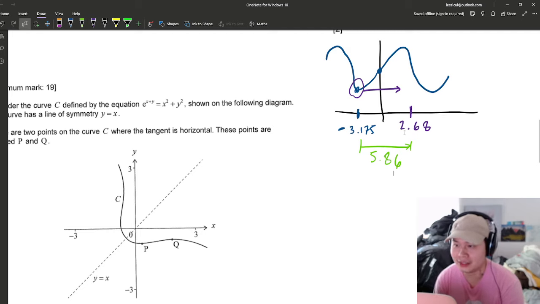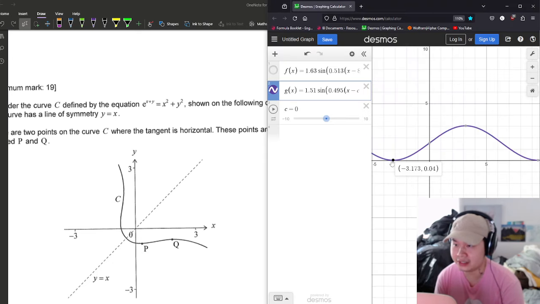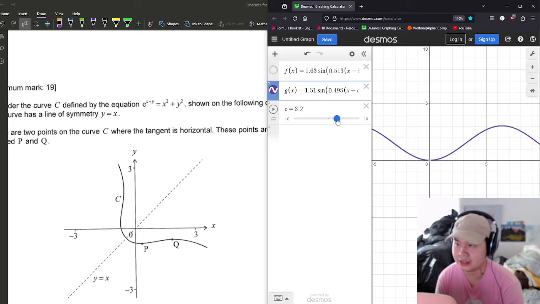I'm trying to do this in my head, but you just add these together, right? Well, subtract these, which technically means that you just add these values. So those are your two options. You can either just do a GDC, right? And then find this minimum. And then we want to move it to 2.64.